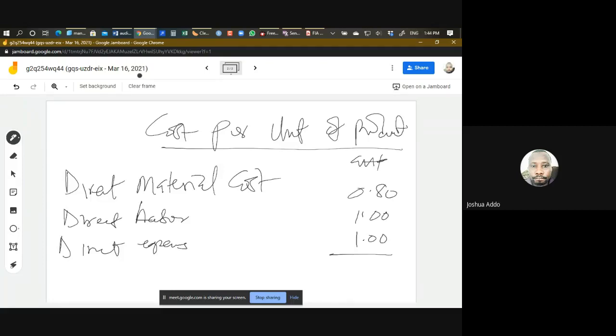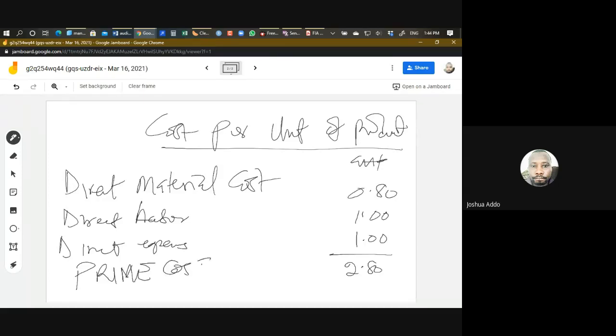Okay, so this will be the sum of the direct costs. The sum of all the direct costs for 1 unit of the product. In this case, it will be 2 cedis, 80 pesewas. The sum of these direct costs is given a special name called prime costs.